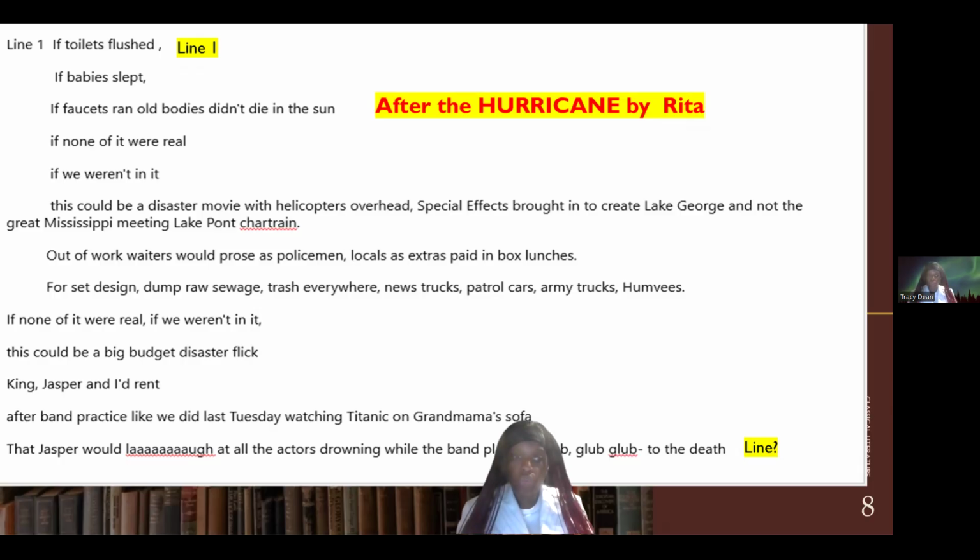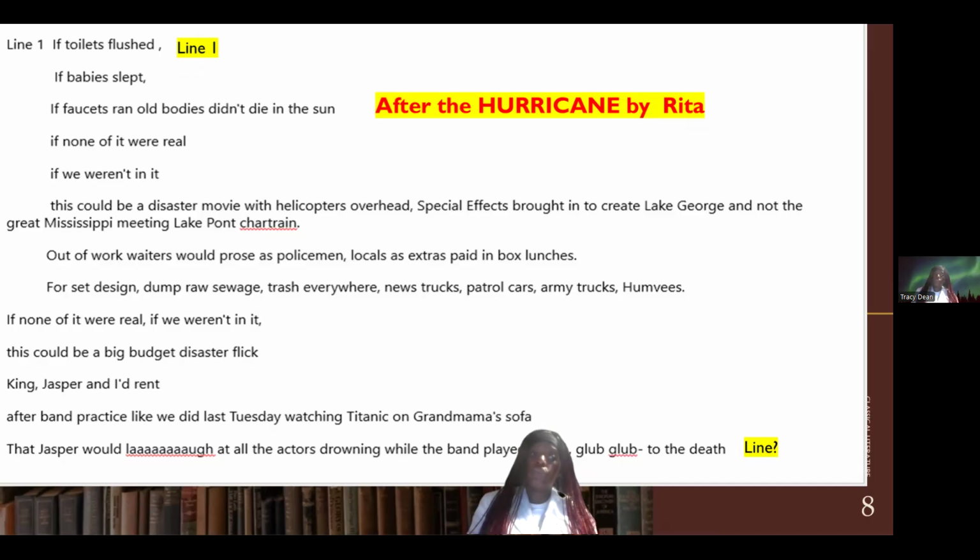So look closely. I see full stops, maybe 1, 2, 3 full stops, and some stanzas. I look for my capital letters. I look for my full stops. That's what I'm doing, all right? And that will help me to identify my stanzas.